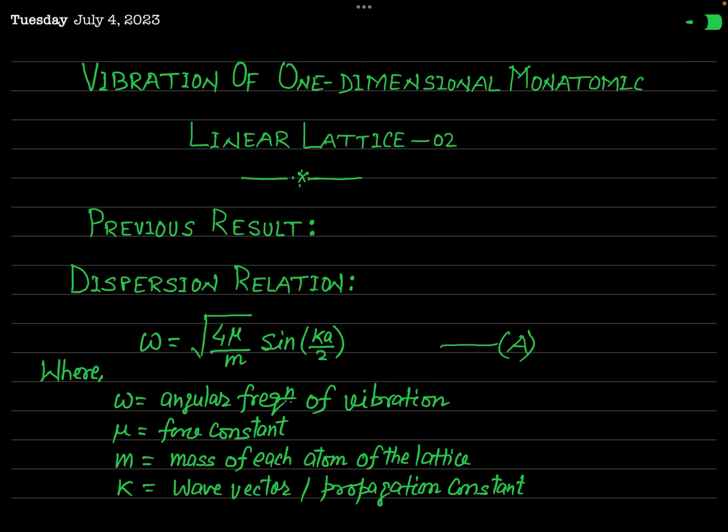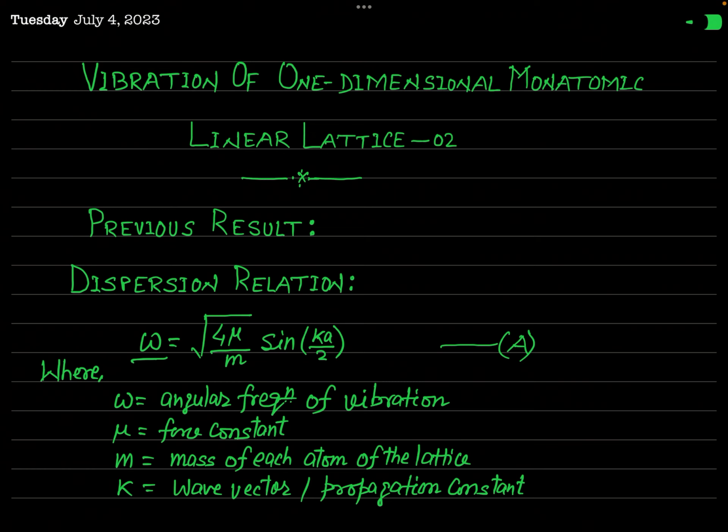Taking Hooke's law and Newton's second law of motion into account and considering an acoustic wave passing through a linear lattice, we have derived the expression for the angular frequency of vibration of the lattice. And that frequency is given by this relation. You have already seen the derivation of this result in the first part of the lecture.